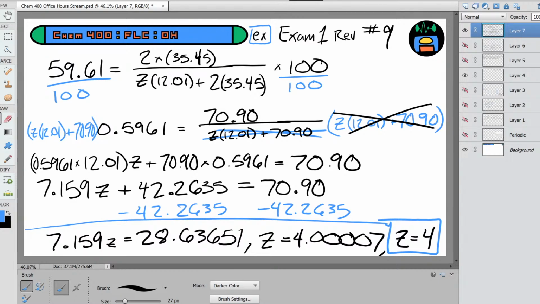Kate, I totally have time to do all of them. The book problems and the exam caliber stuff. But which ones do you want to see first?